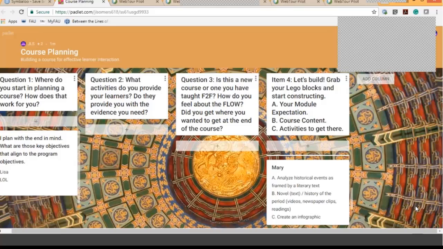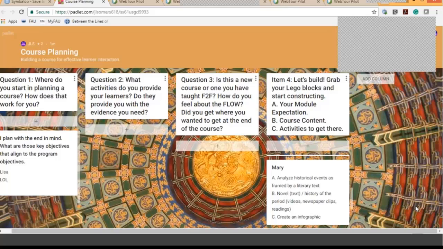So here's my objective: my expectation is to have my students look at these historical events and see them represented or framed in a literary text. And then the content would be the text or novel, whatever it is we're reading.